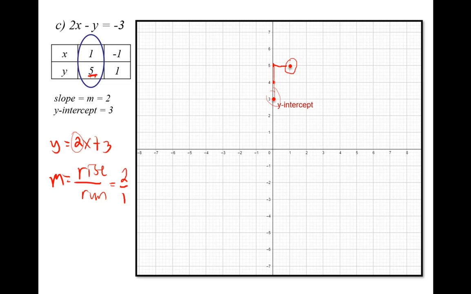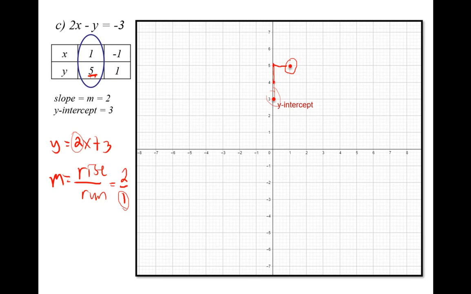Okay? Then yung run. When we say run, you move along the x-axis to the left or to the right. Depende. Since yung run natin dito ay 1, it says you have to move 1 unit along the x-axis. Okay? So ito, dahil nagkaroon tayo ng positive na rise, we should also have a positive na run. When we say positive, you go to the right. Kapag positive run, you go to the right of the y-intercept.